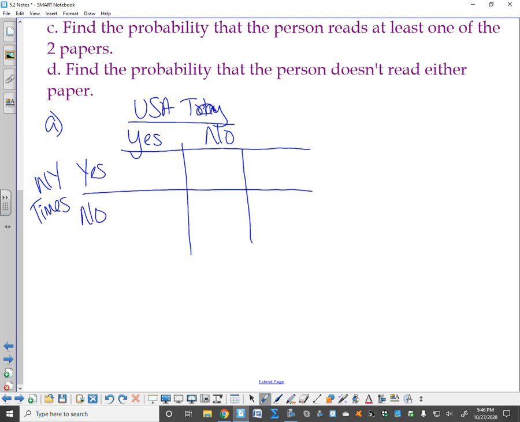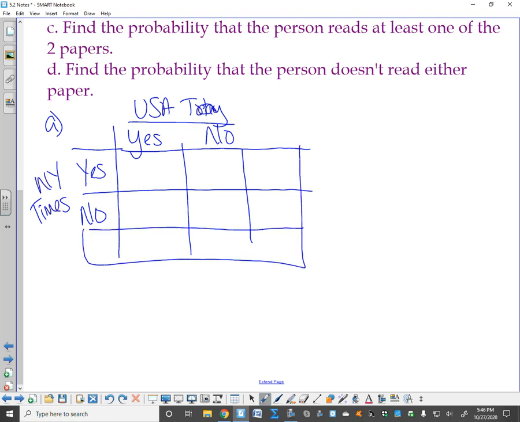No. And totals. Let's see. These are all percent, so I don't have actual people, so I know that my percents should equal 100%. I'm going to keep it in terms of decimals.